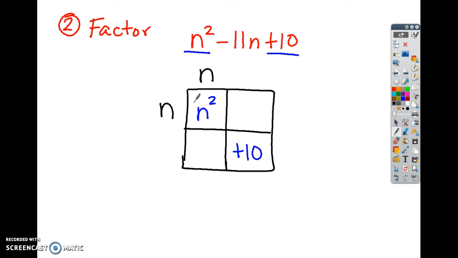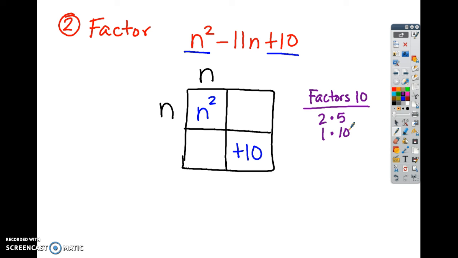Okay? Now, what I need is two numbers that go here and here that would multiply and give you 10. So I need factors of 10. What are some numbers that multiply and give you 10? 2 times 5, 1 times 10. Anything else?